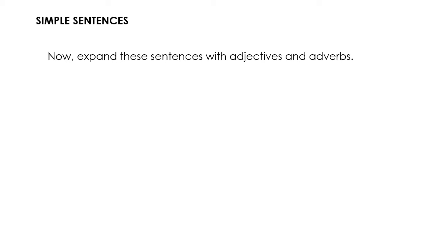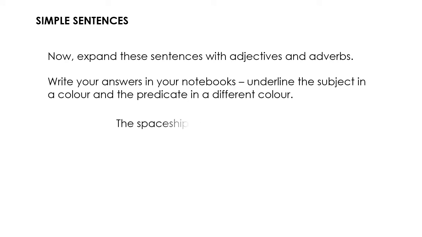So only add adjectives and adverbs or adverbial phrases. So write your sentences into your notebooks and underline the subject in one color, any color you like, and the predicate in a different color. If you want, you could also put all your adjectives in a third color and your adverbs in a fourth color, just so that you can see them clearly.